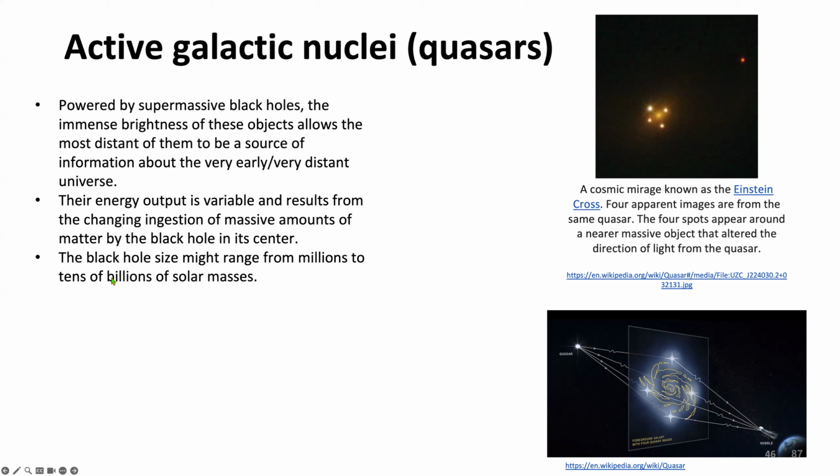The biggest supermassive black hole I know of right now is in the vicinity of 20 billion solar masses. That is, it's the same mass as 20 billion of our suns. And many of these objects have gone dark.